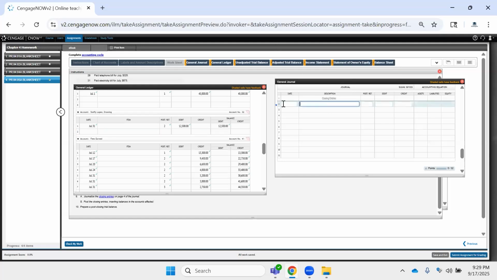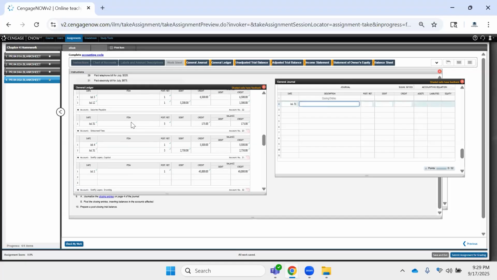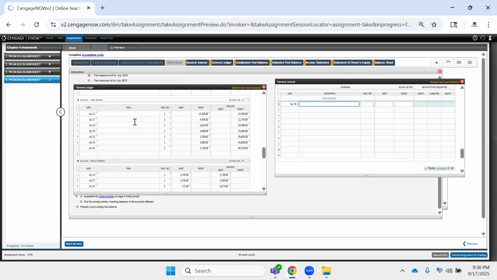So we're going to start with our net income one. The date for this entry is July 31st. So we keep everything in the period, and then we're going to start with our fees earned. And our fees earned is account number 41.